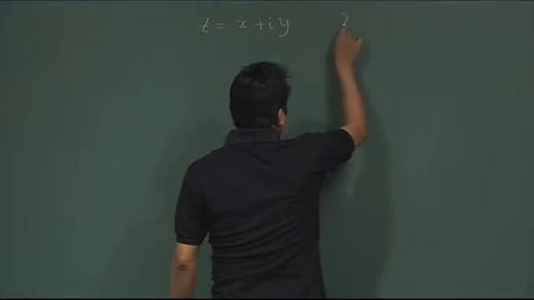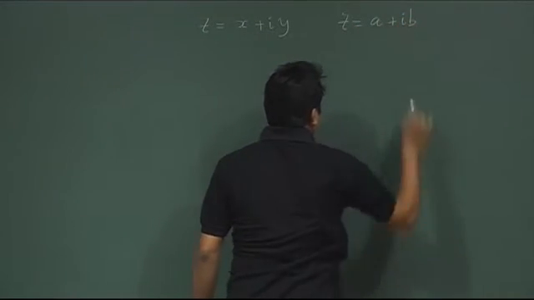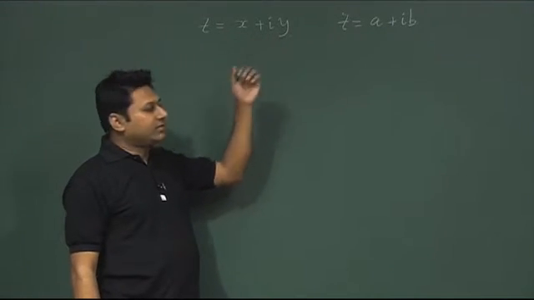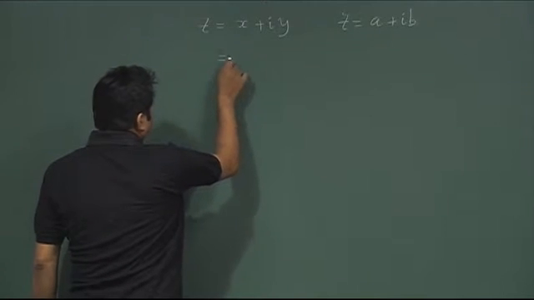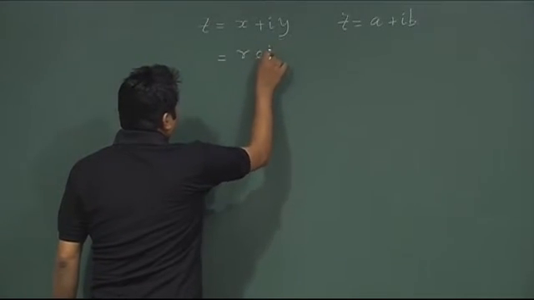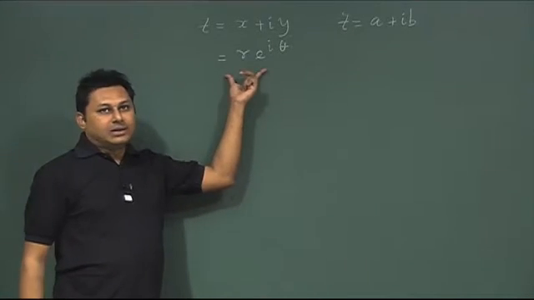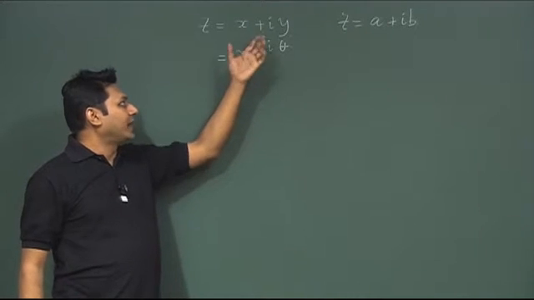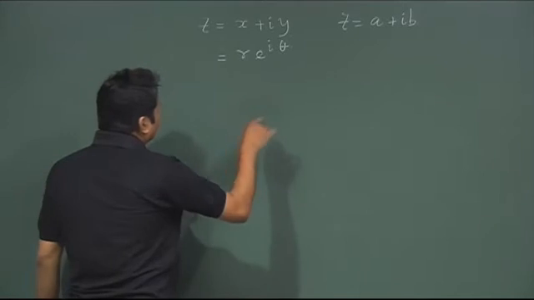Last year I also wrote something like a plus ib, which is a fixed value, but here it may change, that is why I call it a variable. The same thing can be represented in terms of polar coordinates, which is r e to the power i theta. We showed how to go from one form to the other, so we will not discuss this more.